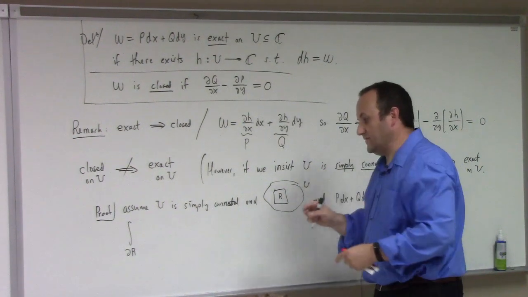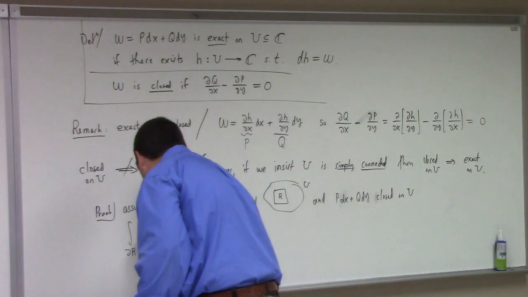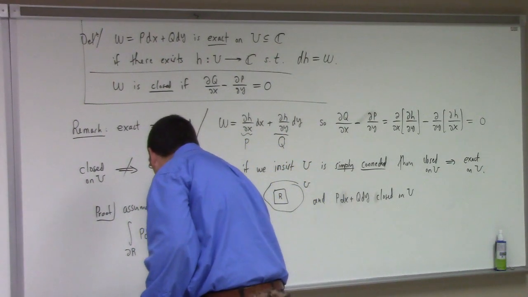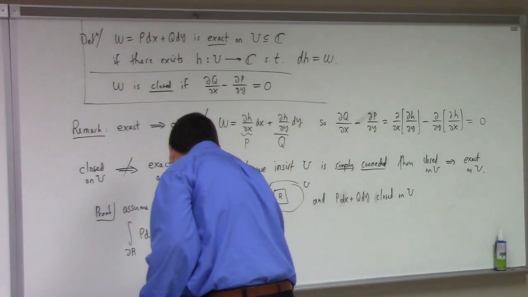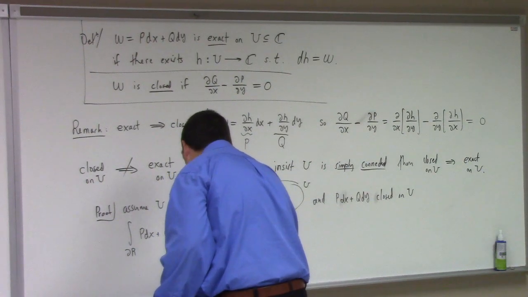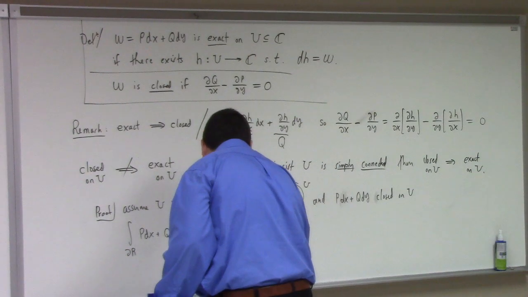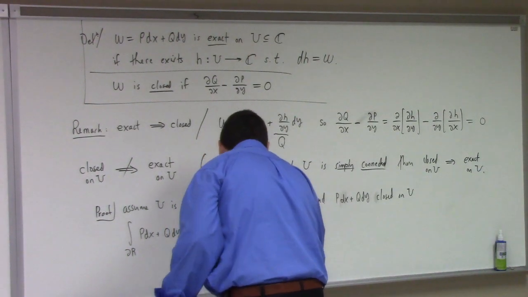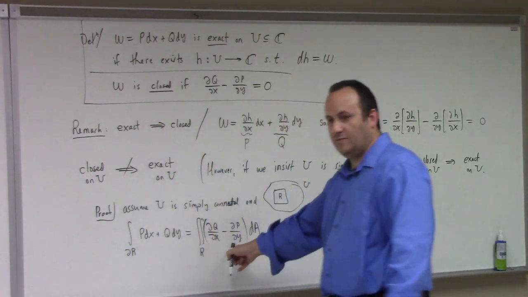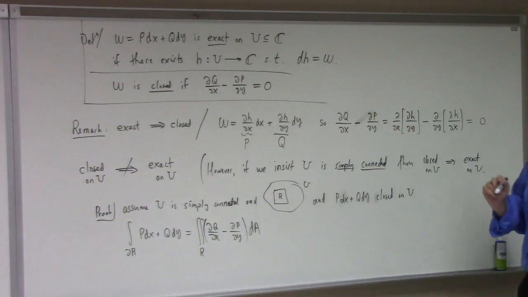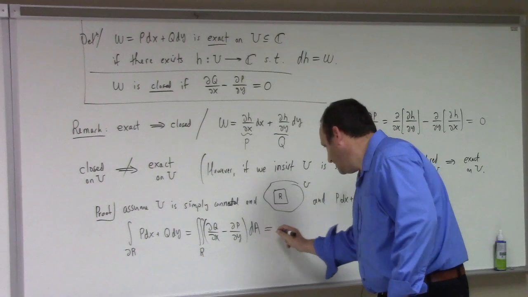And so Green's theorem on P dx plus Q dy, what's it give me? It says that that's the integral over the area R of partial Q partial X minus partial P partial Y. And lo and behold, that's identically 0 because that is the closed condition. That vanishing is the closed condition. And so we get 0, right?